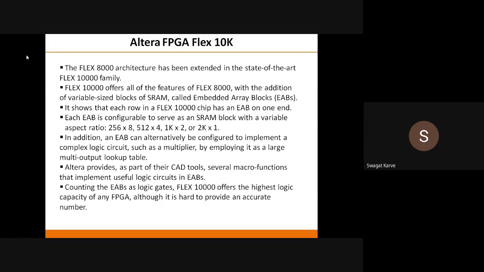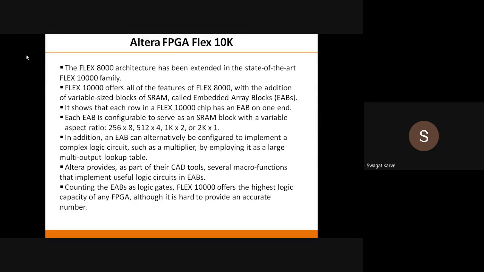In addition, these EABs can be configured to implement a complex logic circuit. That means you can configure this EAB block as one particular design unit in this FPGA, for example that EAB block of a single row can be a single design unit, and you can configure that block with different complex logic circuits. So this is the additional feature provided in this 10K.